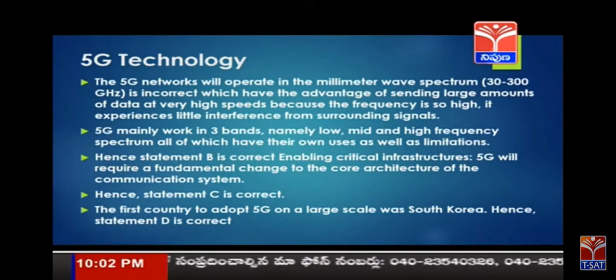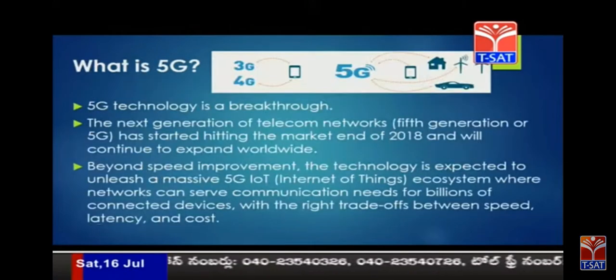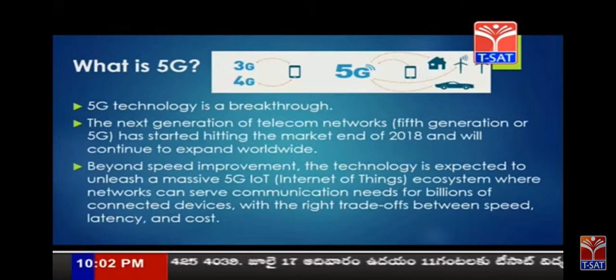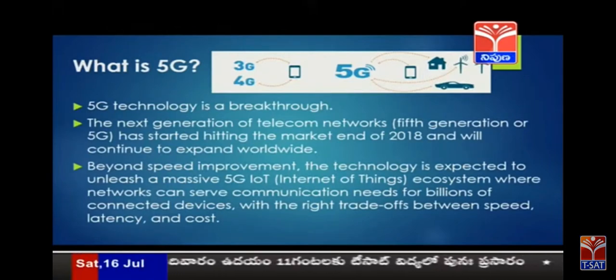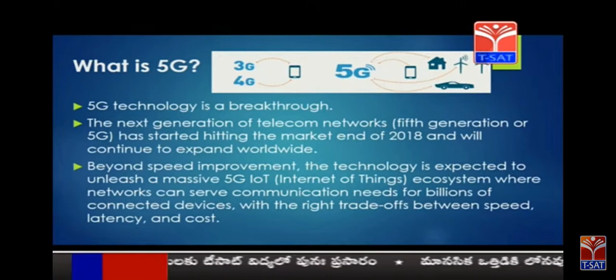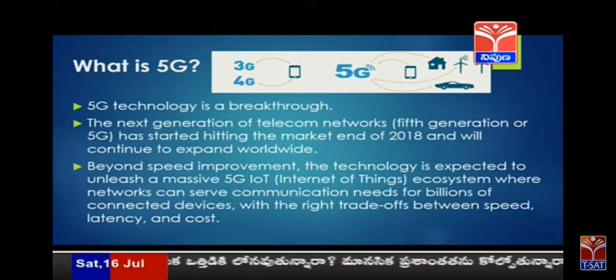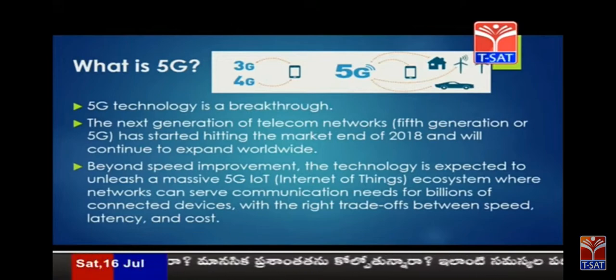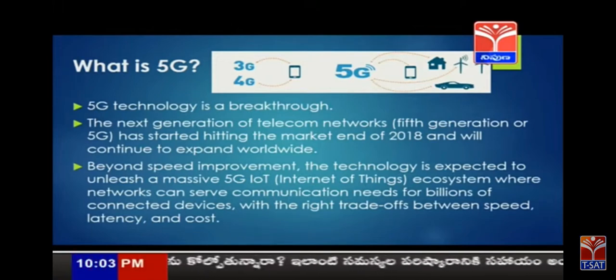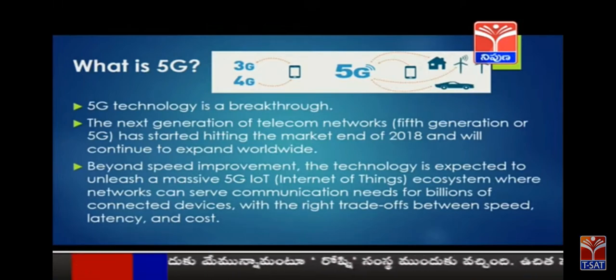Okay. If you know each and every one of these, now let's come to what 5G is. We have 3G, third generation, and fourth generation. Third and fourth generation are used only for our mobile networks, but 5G can be used not only for our mobile network but also for homes, radars and cars.